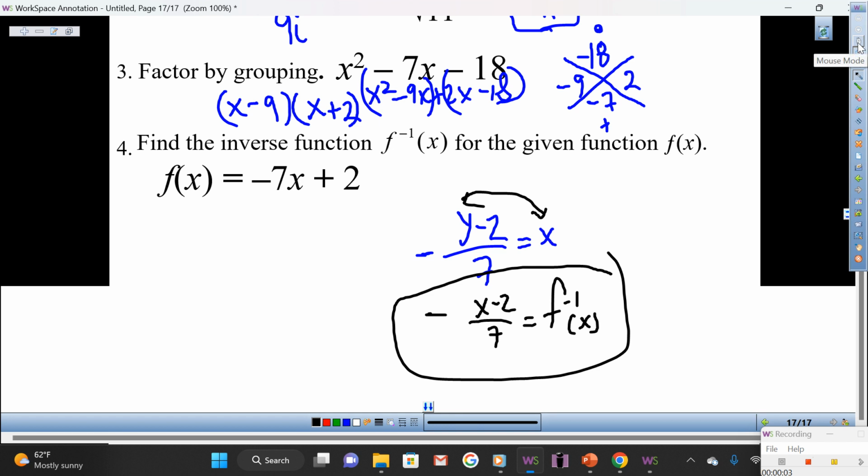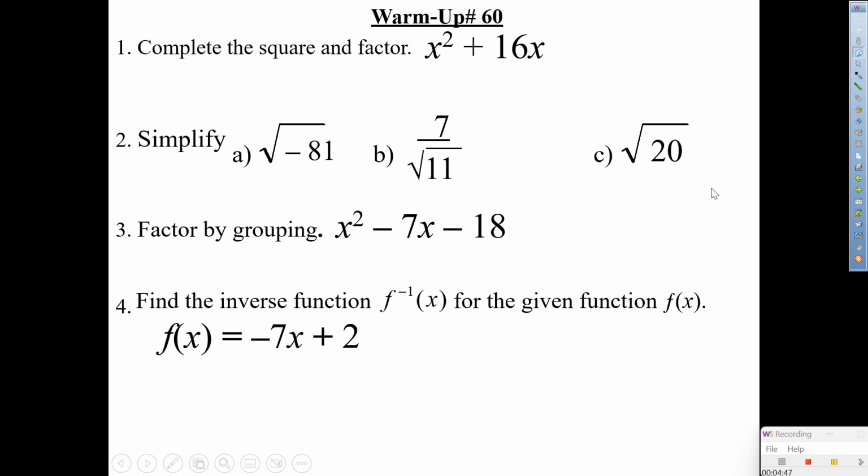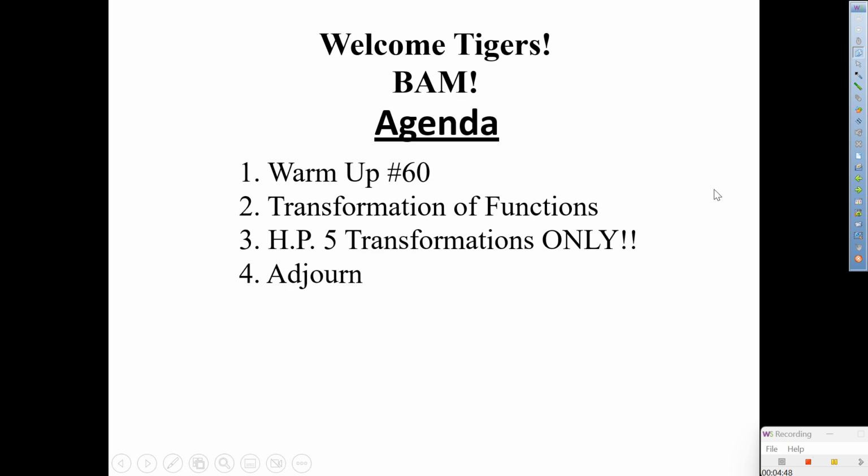Copy the agenda for today. Warm-up number 60, transformation of functions. Tonight's home play 5, transformations only. All right?